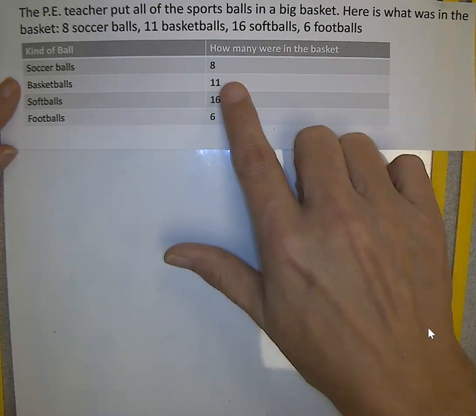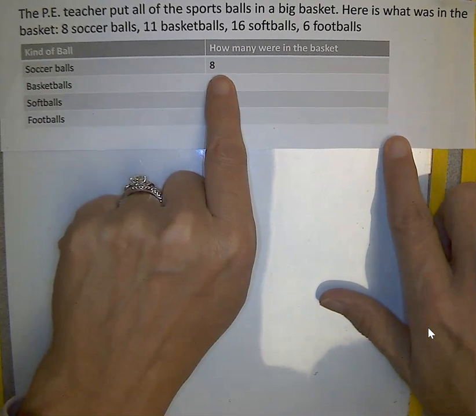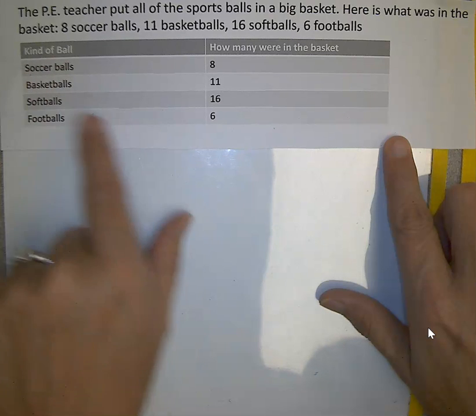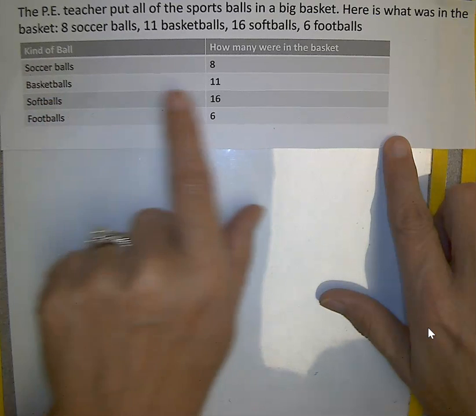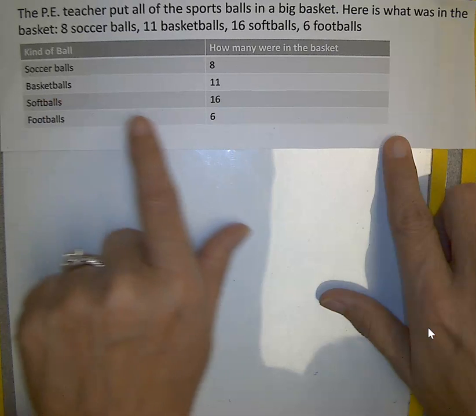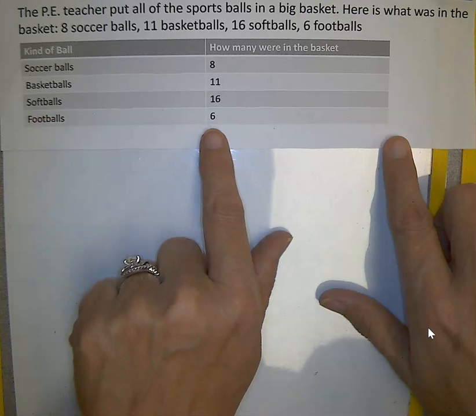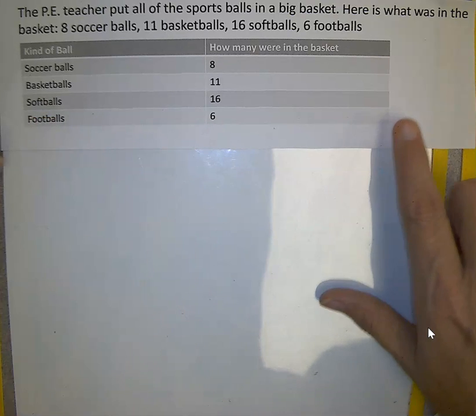So we know from our chart that there were 8 soccer balls. We know that there are 11 basketballs. There are 16 softballs and 6 footballs.